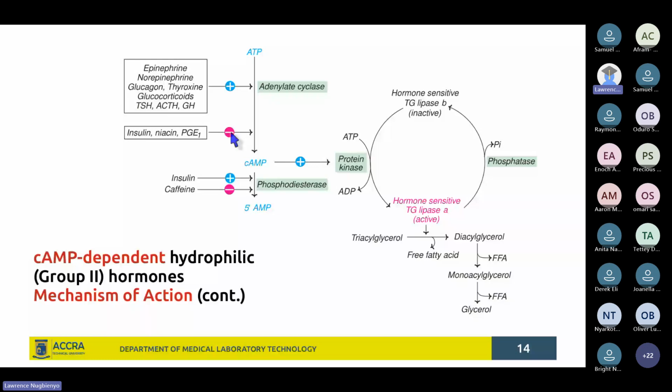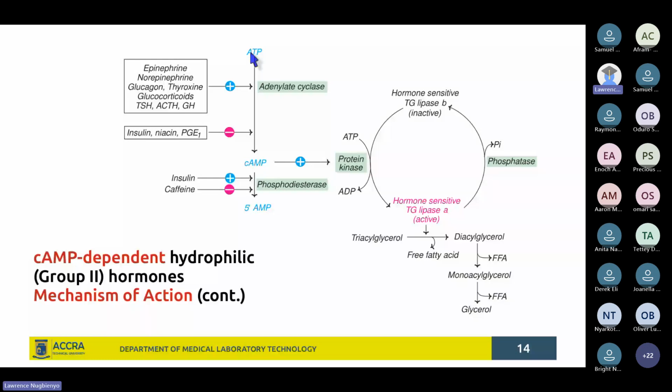You also see niacin, one of these vitamin Bs that we saw, I think, when we were looking at the coenzymes. And then you see prostaglandins also acting as inhibitors in that process. So they are going to prevent the formation of cyclic adenosine monophosphate from ATP.